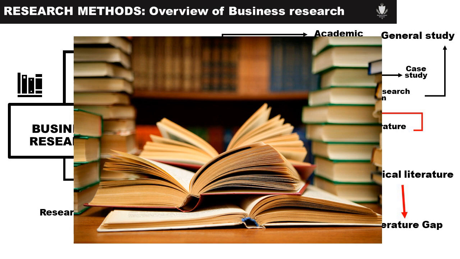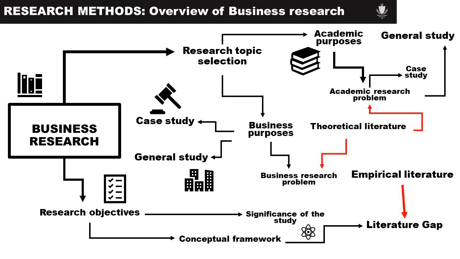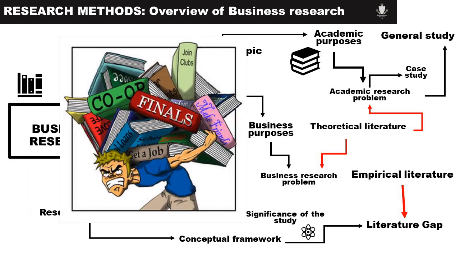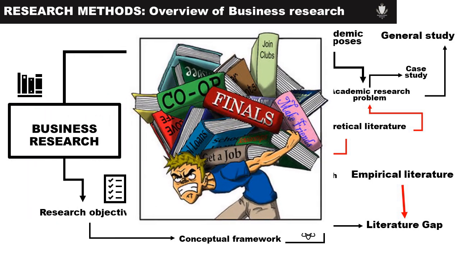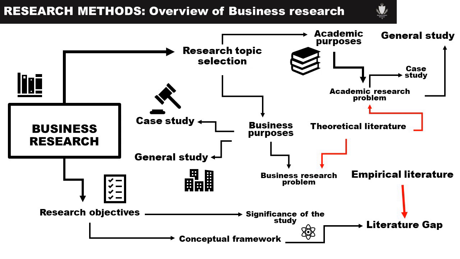Now, this brings to mind the question of what is an academic research problem and how is it different from a business research problem. Let's suppose you are doing this particular research for academic purposes. You are a university student and you are trying to come up with a research topic that identifies a particular research problem in this particular business research related task.